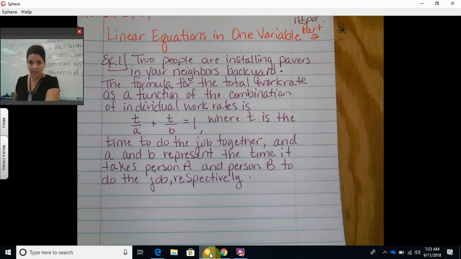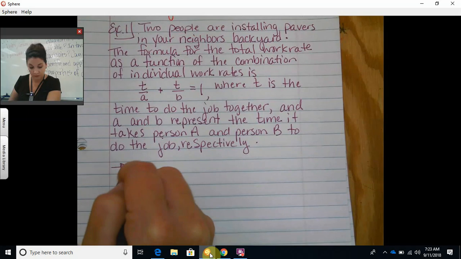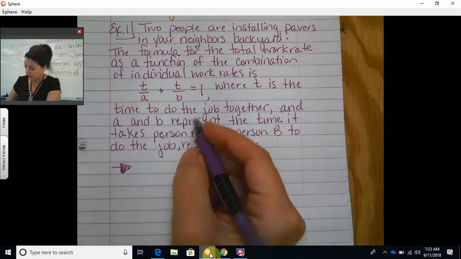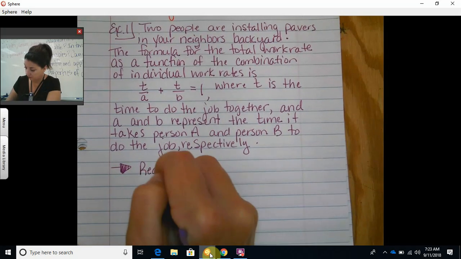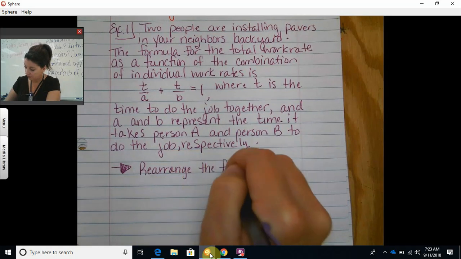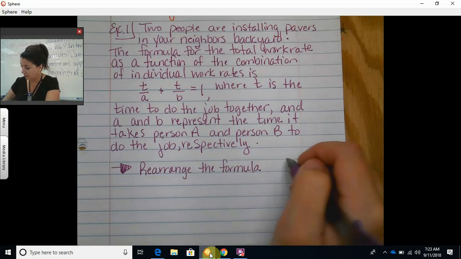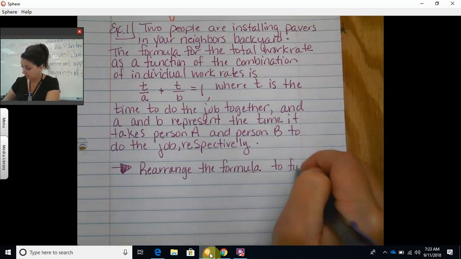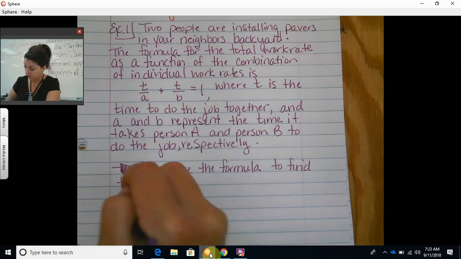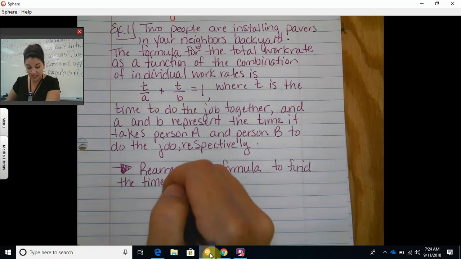And the question says, rearrange the formula to find the time it takes person A to complete the job.